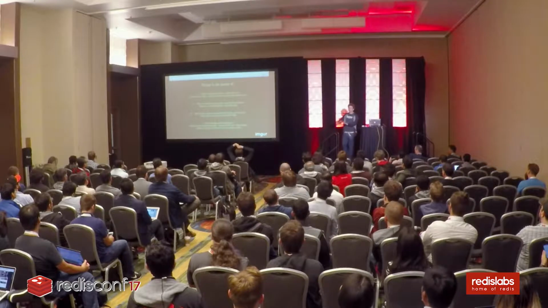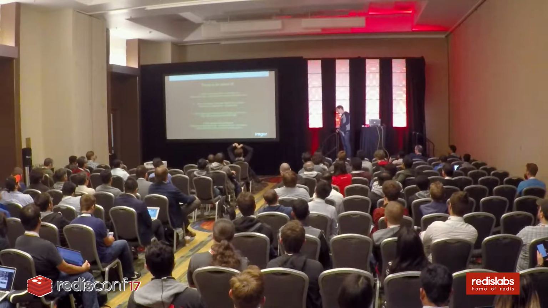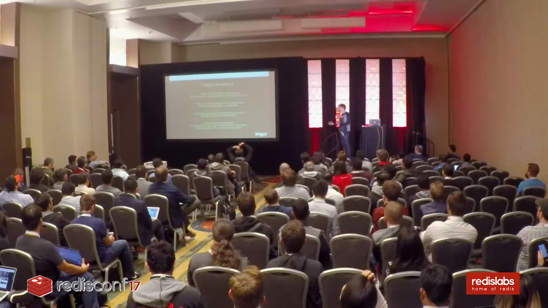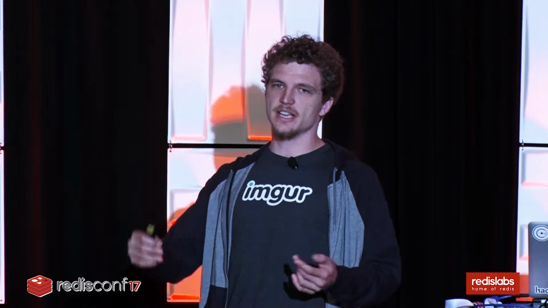AOF is, obviously we want to save our view counts, so we have replication, we have slaves, but we do want to save them to disk and do backups and do offline analysis, do all these things. AOF is the append-only file. It's how Redis saves its log of transactions. If you have that enabled while you're moving 80 gigs of data between servers, Redis trib, which is what we use, the quasi-official script for managing your Redis cluster, that can actually fail out, and the cluster can enter a down state where it thinks that there's a shard misallocated.